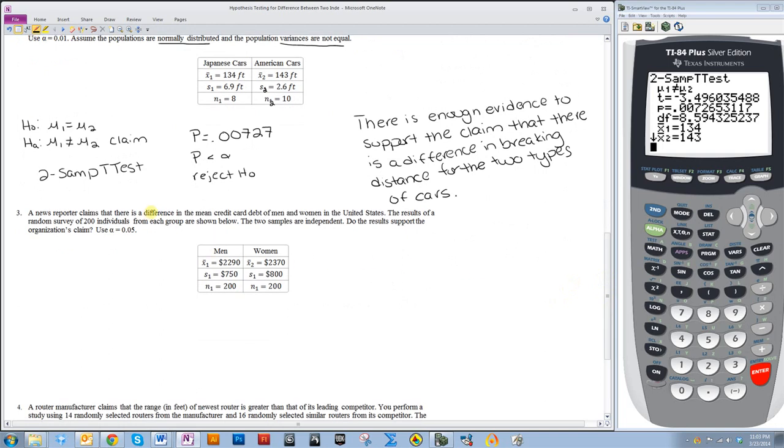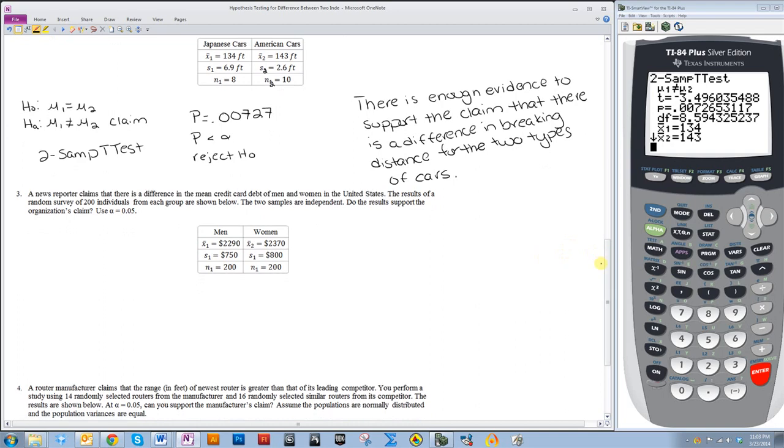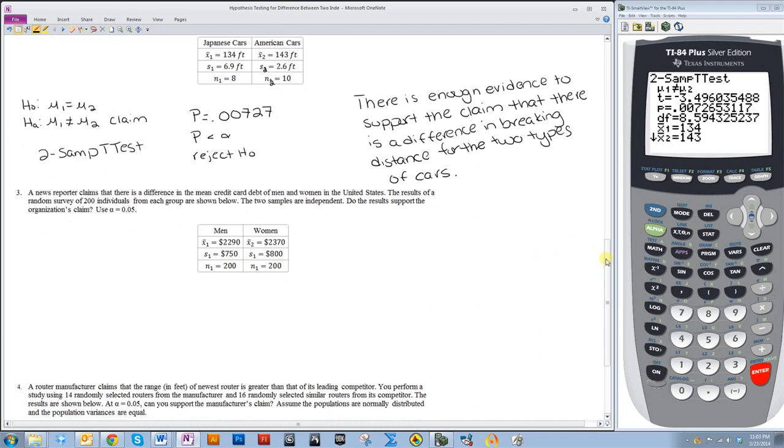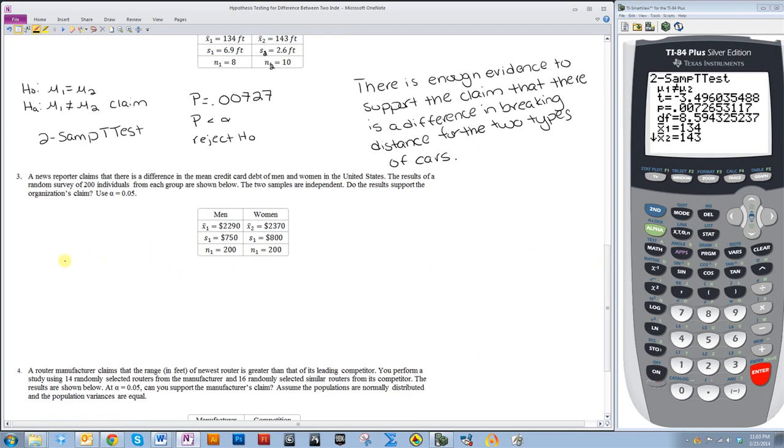A news reporter claims that there is a difference in the mean credit card debt of women and men in the United States. The results of the random survey of 200 individuals from each group are shown below. The two samples are independent. Do the results support the organization's claim? Okay. So the first thing I need to do is figure out what the claim is.